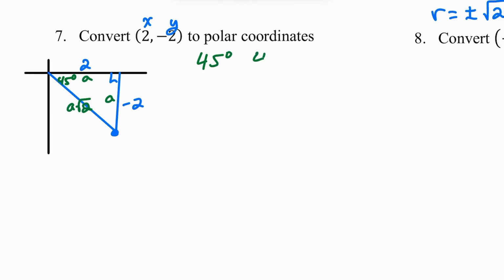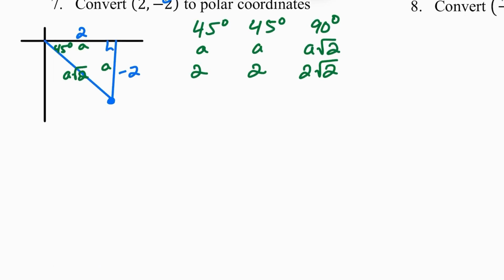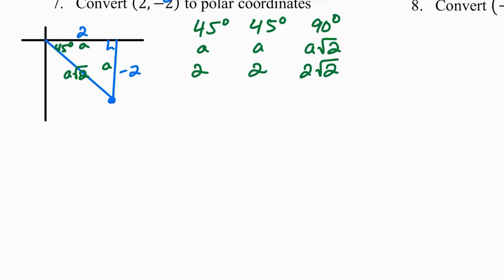So 45, 45, 90. We have a root 2. And we found out that the legs of the triangle are 2. So that means the hypotenuse is 2 root 2. So there is part of my answer. There's my radius, 2 root 2.